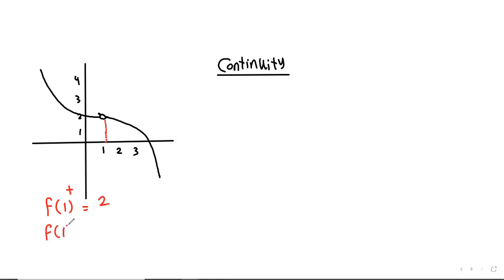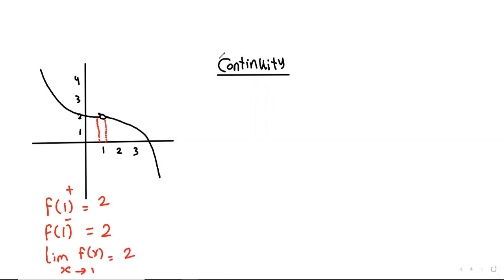And f of 1 from the left equals, go from 1 here, less than 1, up, you will hit 2. Because f of 1 from the right is the same as f of 1 from the left, the function has a limit. The limit of the function when x tends to 1 is 2.